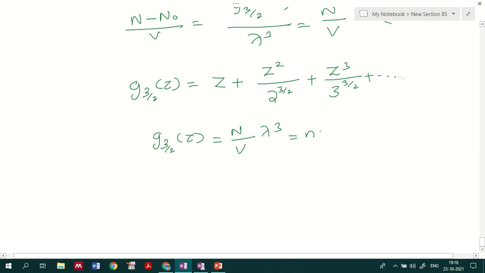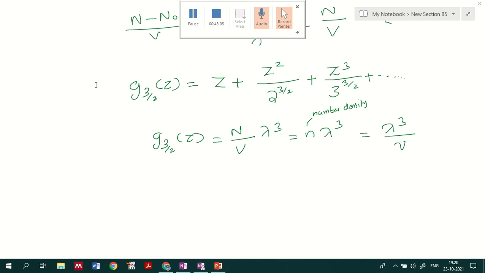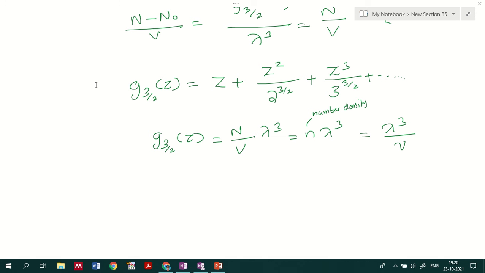So g3/2 of Z is equal to n lambda cube, which is equal to lambda cube divided by nu. Here you can substitute nu equal to 1 by n, so n can be replaced by 1 by nu.